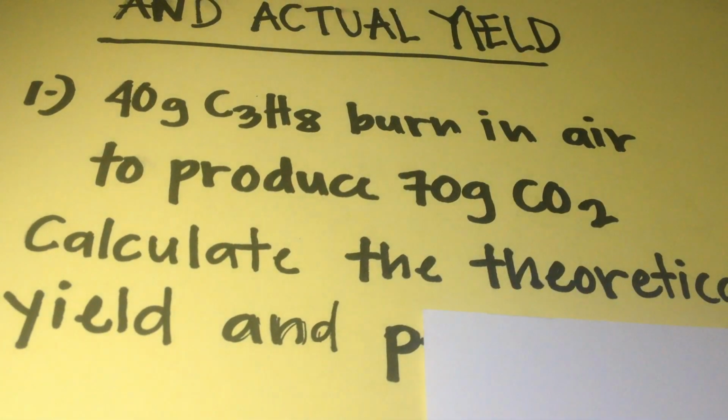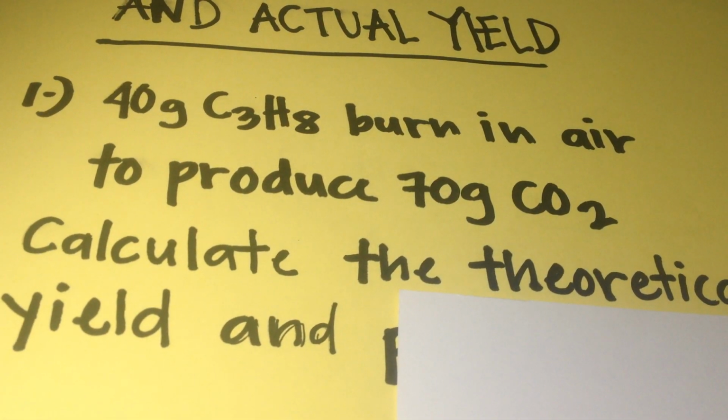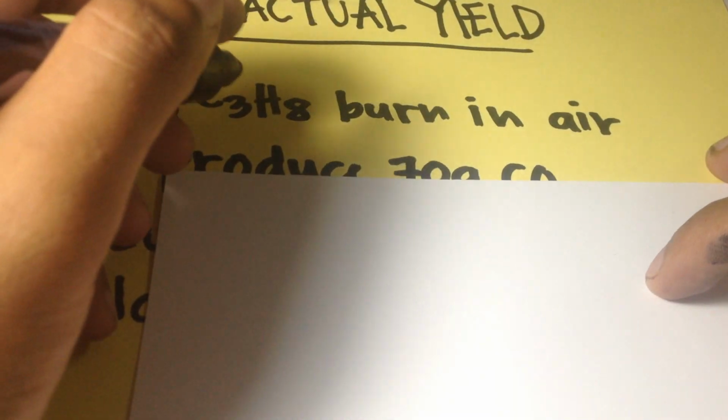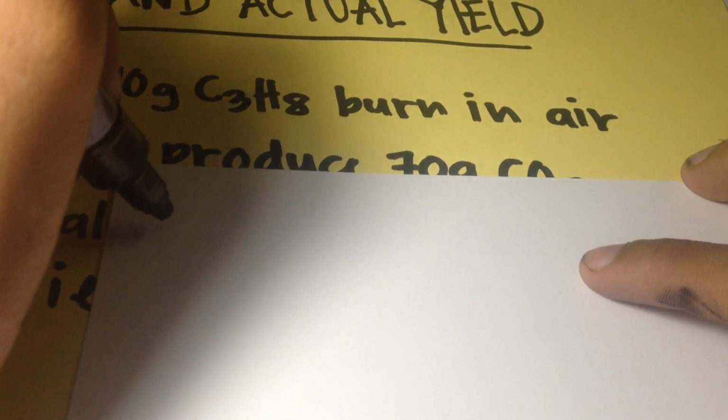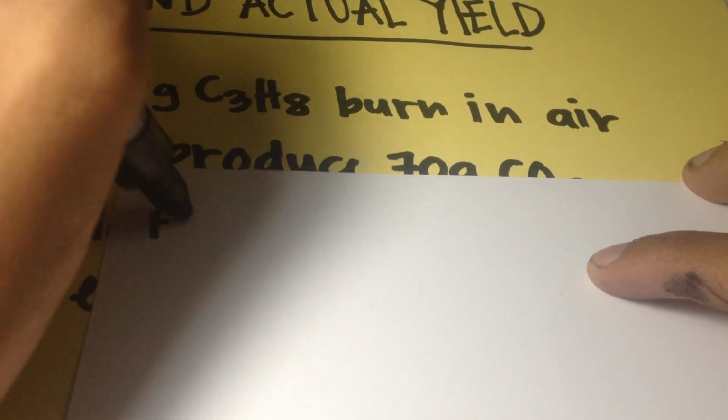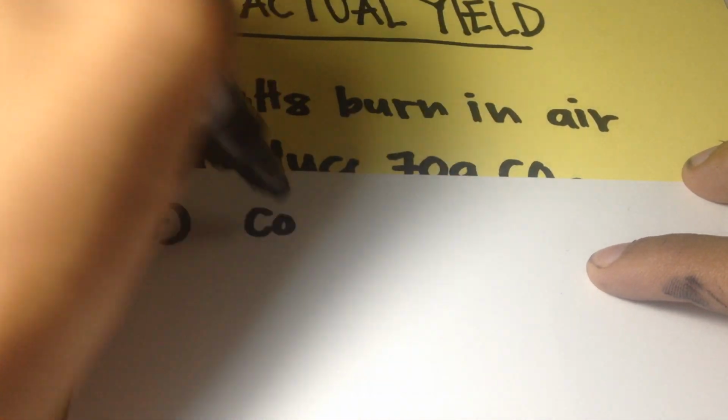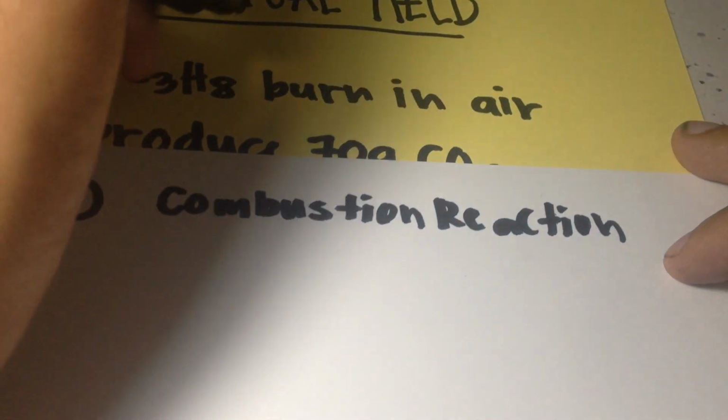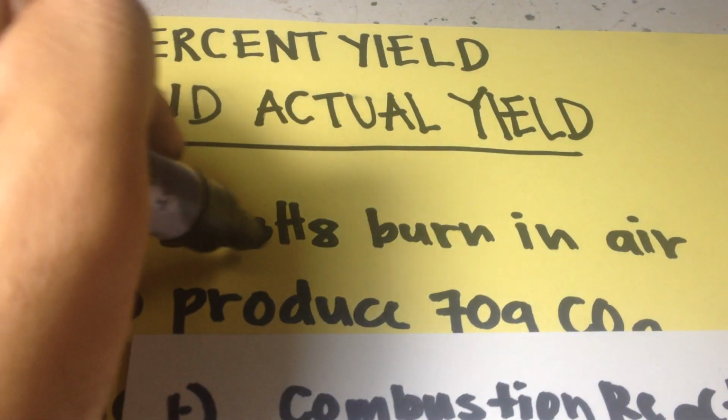So first step again is we're going to make a reaction, the combustion reaction. So problem number 1. This is a combustion reaction. Right? So we have C3H8 here.